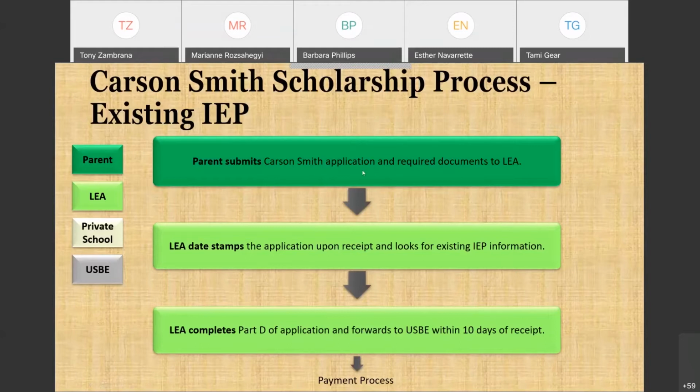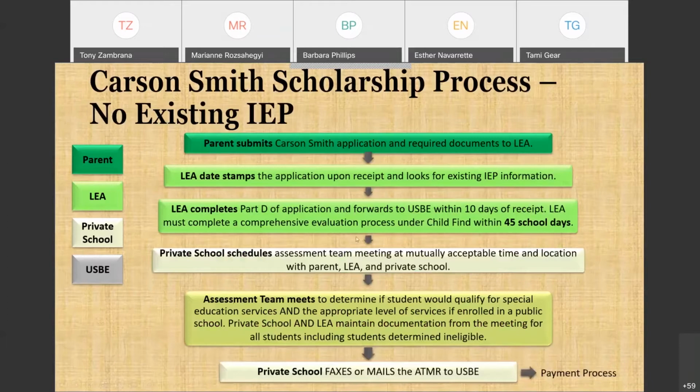Yeah, I remember us going over this a few months back, and that's not the right process. In fact, let me see if I can go back a slide here. You'll see when we get over here to the LEA duties, they need to complete the Part D within the 10 days, and then they can do their child find within the 45 school days.